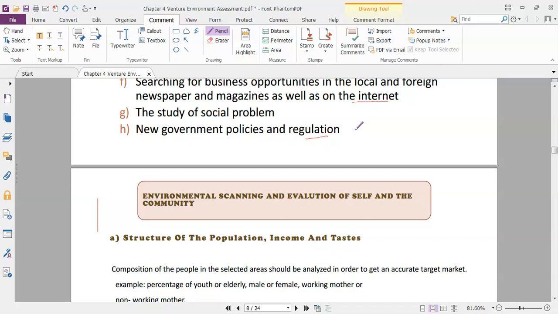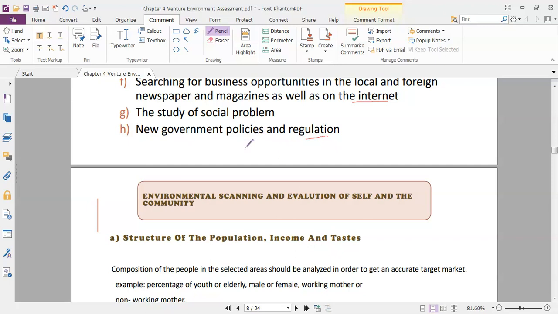If it is at Majlis Perbandaran in Port Dickson, then we need to know those policies and regulations. You also need to know the new policies about COVID-19, whether people now should wear the mask or not.